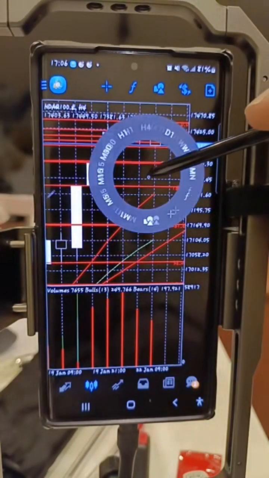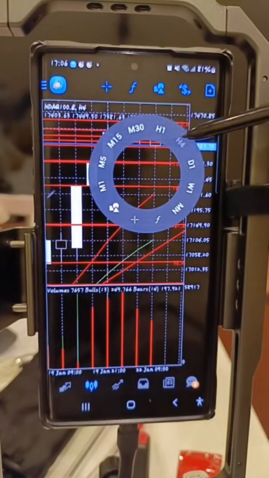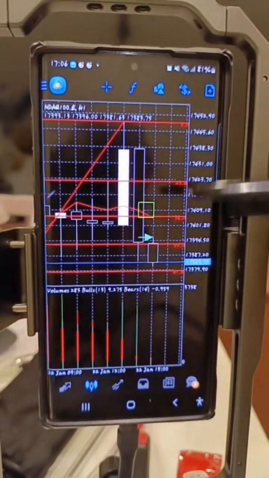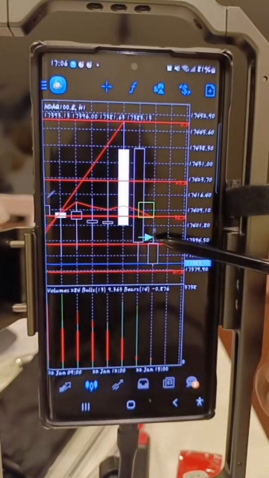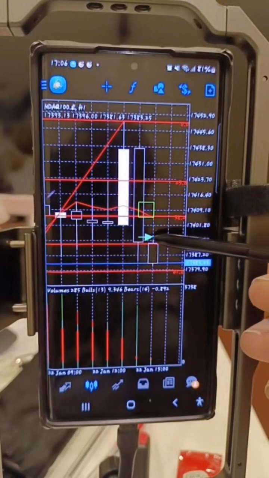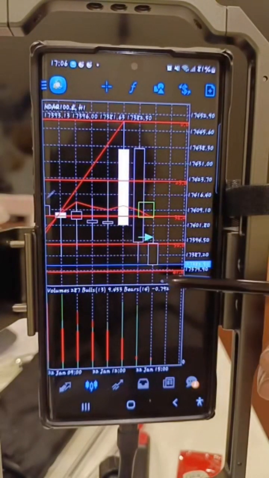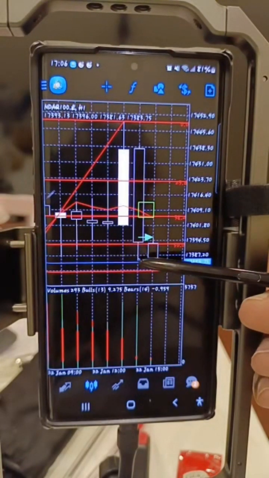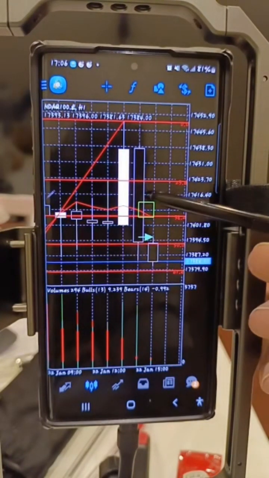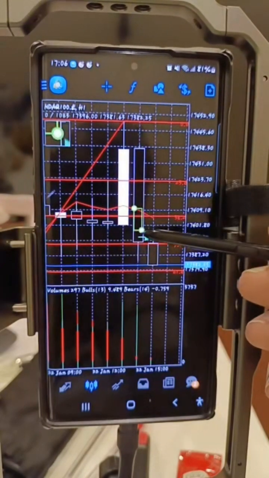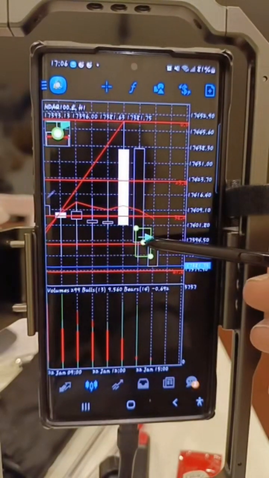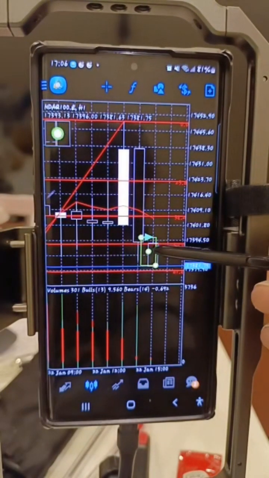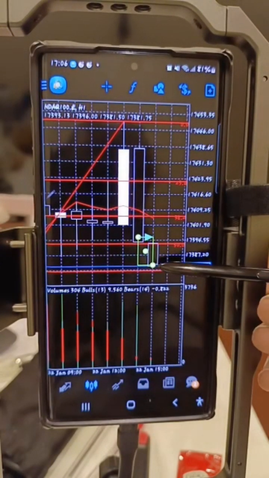I can open this a bit more by going to an hour. And you can see here, clearly, it's pushing down. So this buying that happened from here to here, when it pulled back here, now you can see that there's selling happening here.